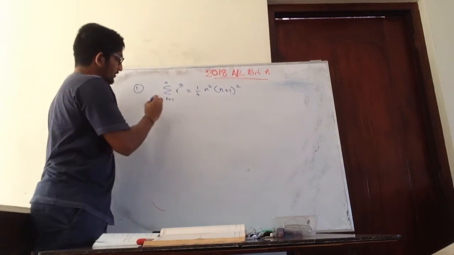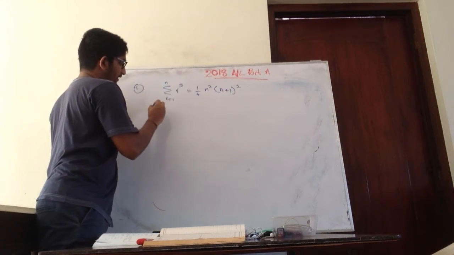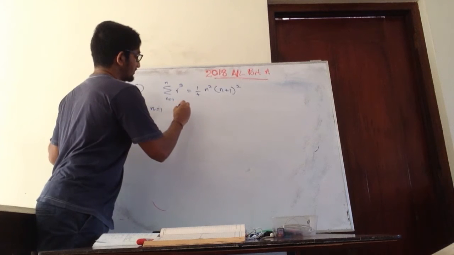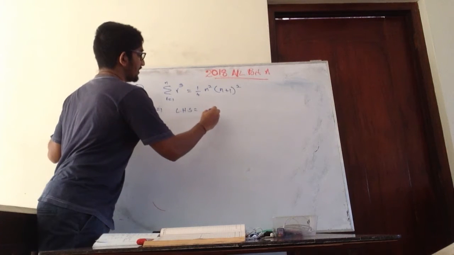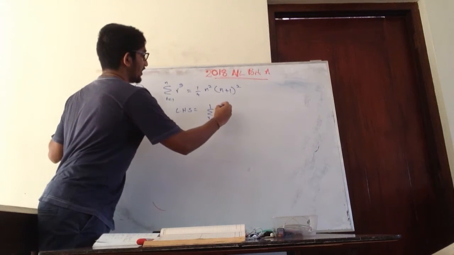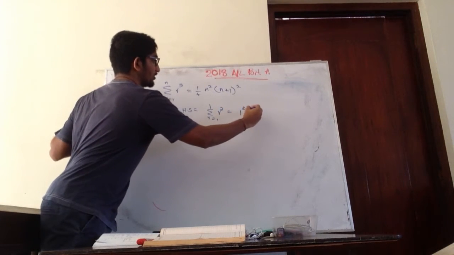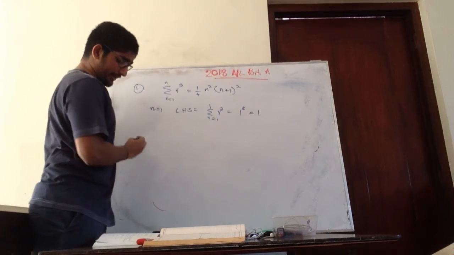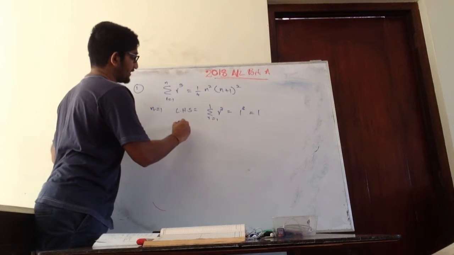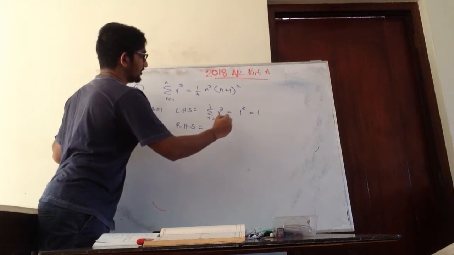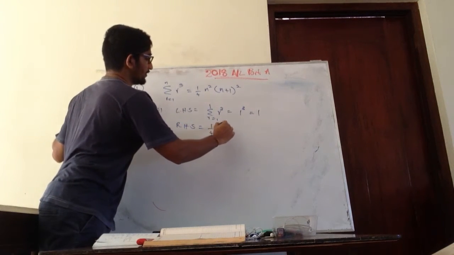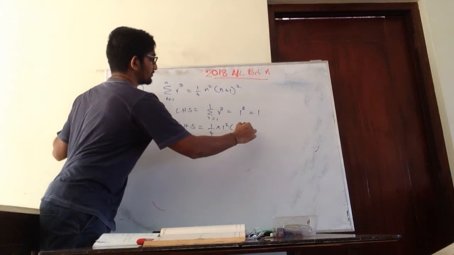So first of all, we take n equals 1. The left hand side is the sum from r equals 1 to 1 of r cubed, that is 1 cubed, which is 1. Correct, no? Then the right hand side is 1 over 4 n squared (n plus 1) squared.